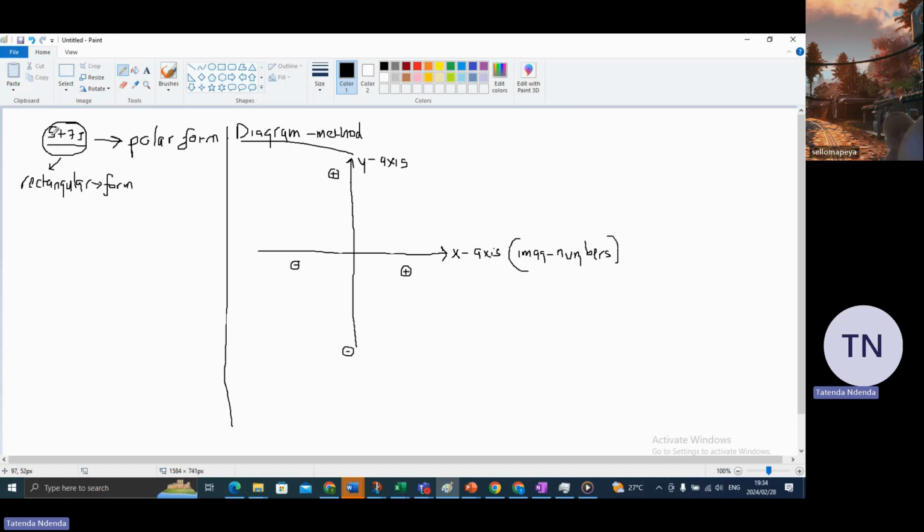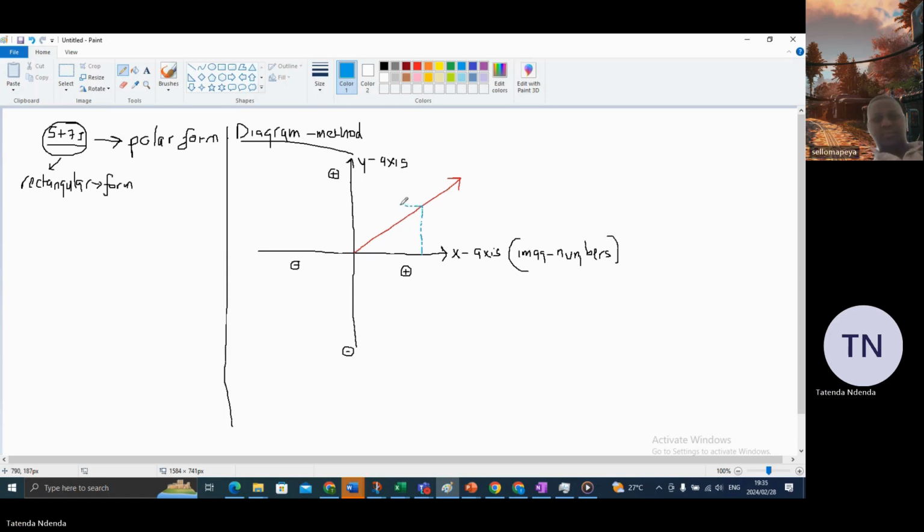Okay. So now the first thing that you have to do is check the variables. In this case, we're having 5 plus 7j. So 5 is positive and 7 is positive. So everything that we're having is supposed to be within the first quadrant. So we're just going to draw a straight line like this, then along that line, label it.